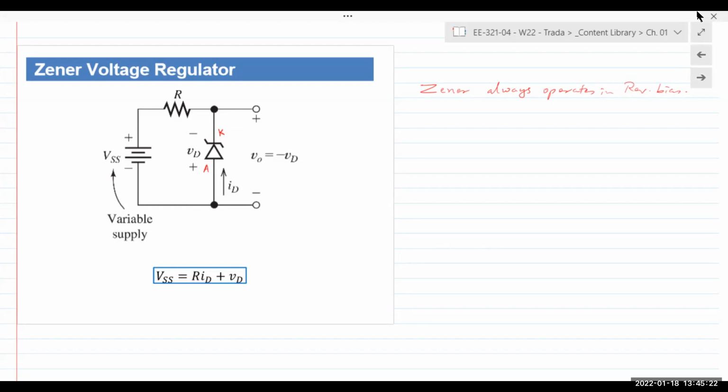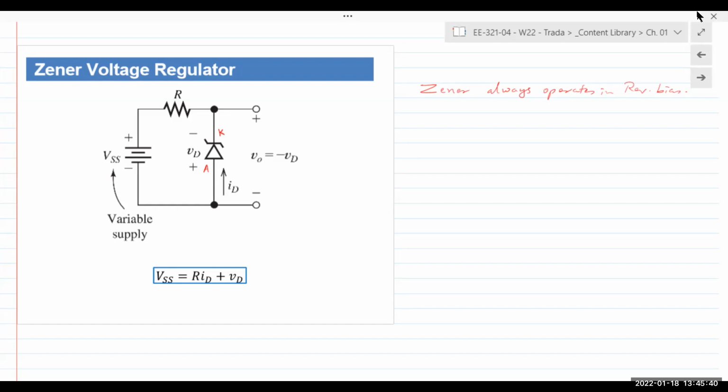The Zener diode is specifically operated in the reverse bias, meaning it stays off until you exceed the VZ voltage. So VZ, again, is the Zener voltage that is part of the manufacturer spec sheet.